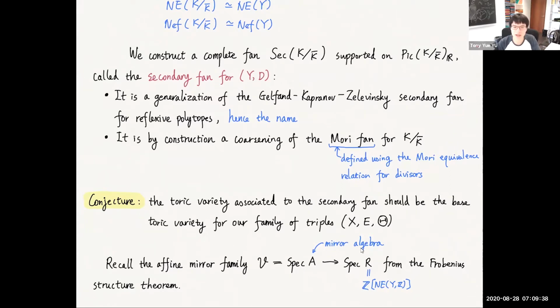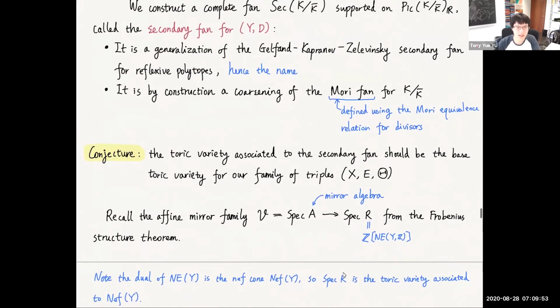We had the mirror algebra A, and we take Spec. We obtain the affine mirror family, which we denoted by curly V, from Spec A to Spec R. And note the dual of the cone of curves is the Neff cone, Neff(Y). So Spec R is just the toric variety associated to the Neff cone of Y.